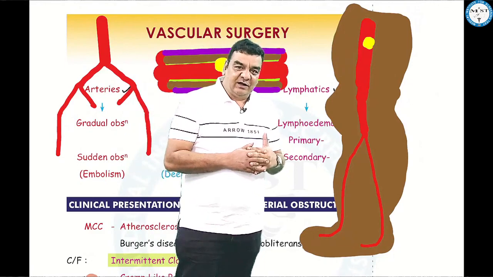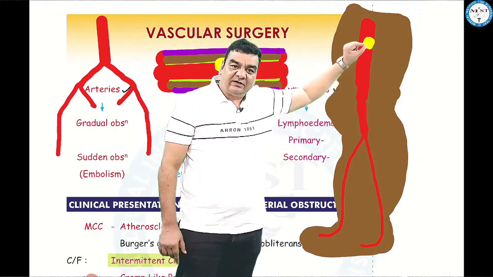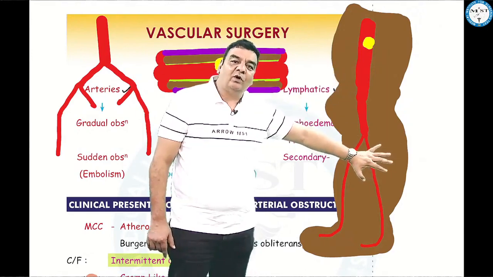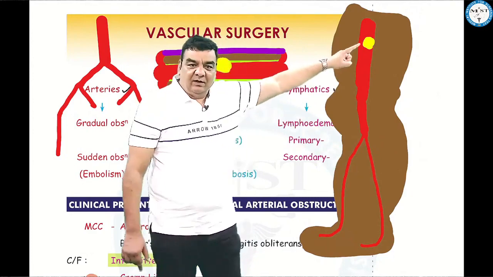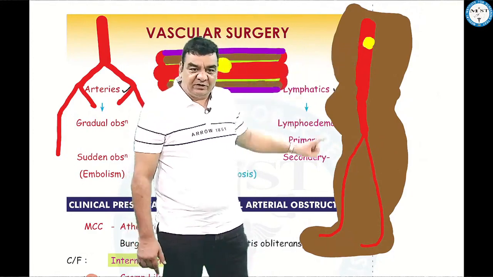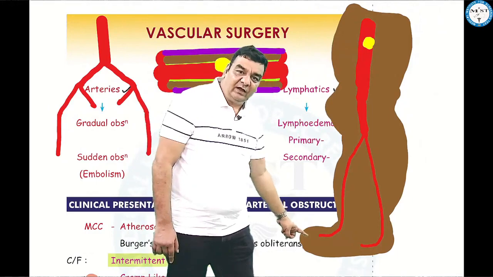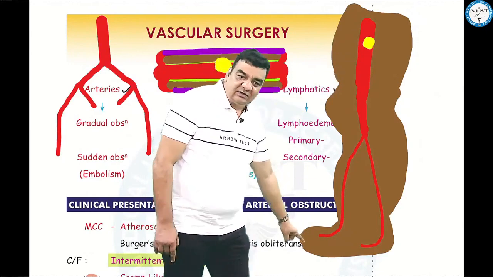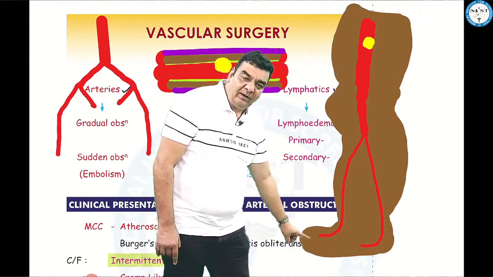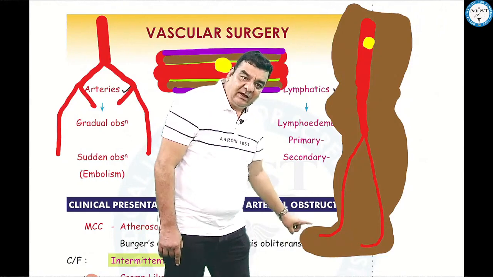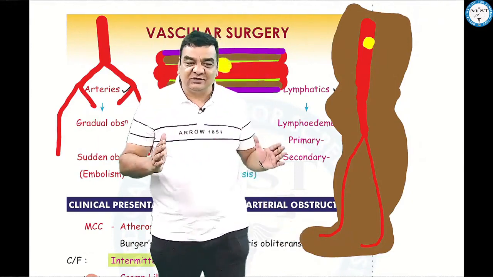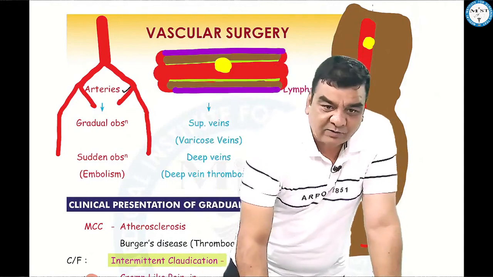When the plaque has just started developing, the patient experiences pain in the calf on walking. When the obstruction increased, the patient started experiencing pain in the foot even at rest. When the obstruction further increased, the foot became cold, numb, and paresthesias were seen. Gradually, in the most distal part, pre-gangrene and gangrene developed.